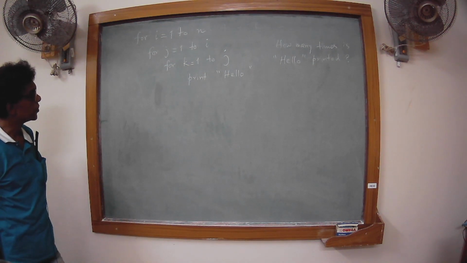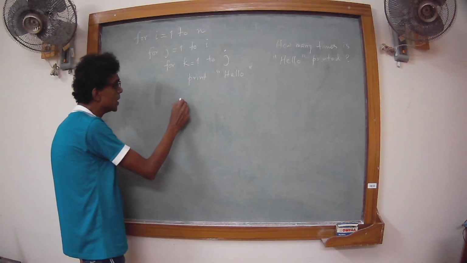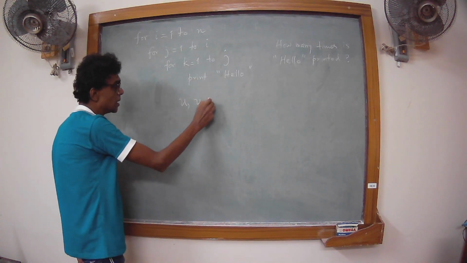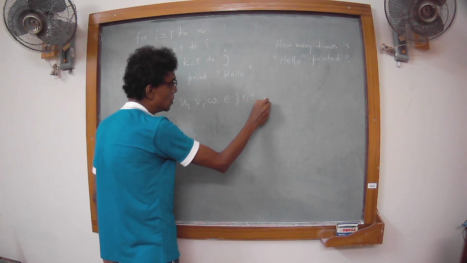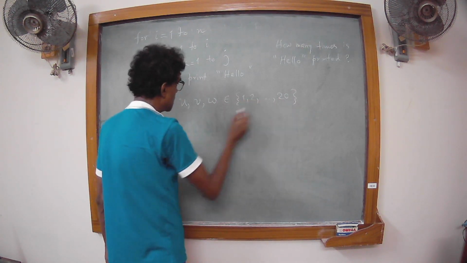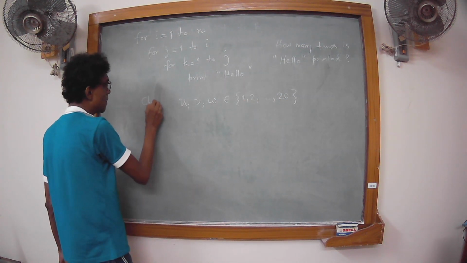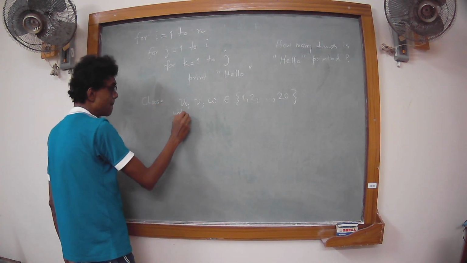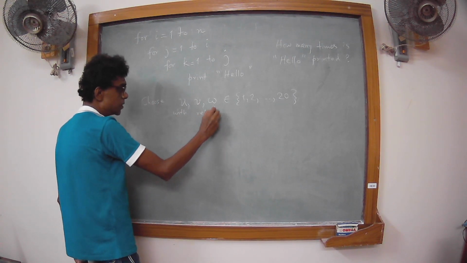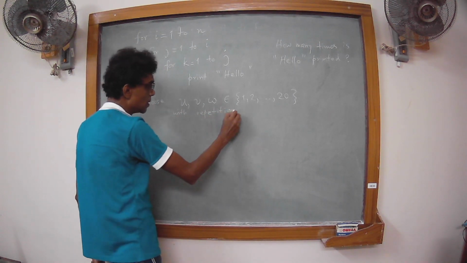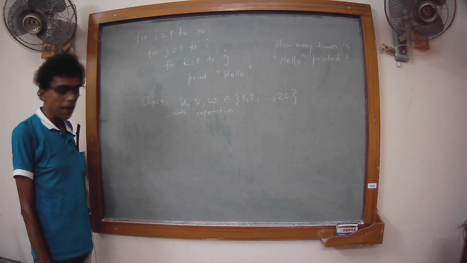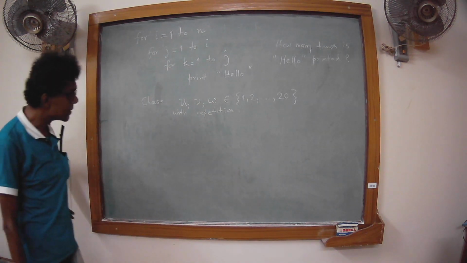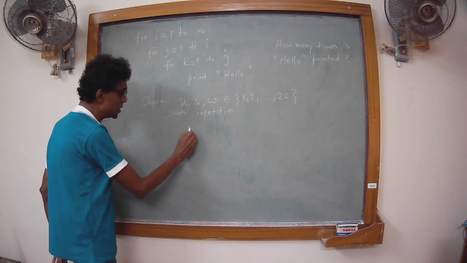So we choose any three numbers u, v, and w from 1 up to n, with repetition. And let us suppose that u, v, and w satisfy this.